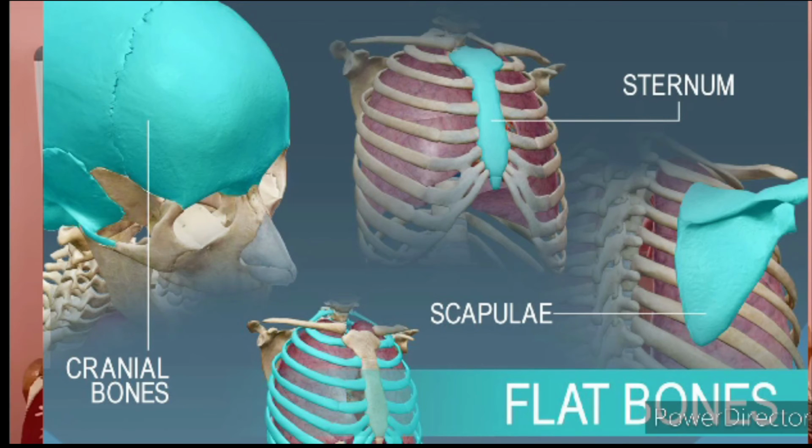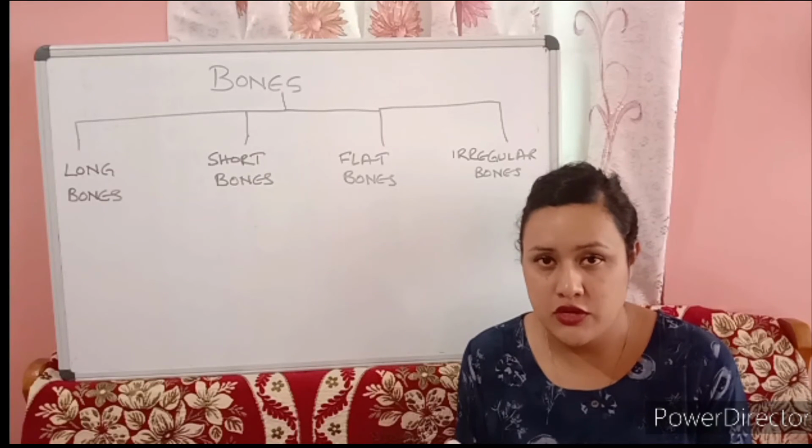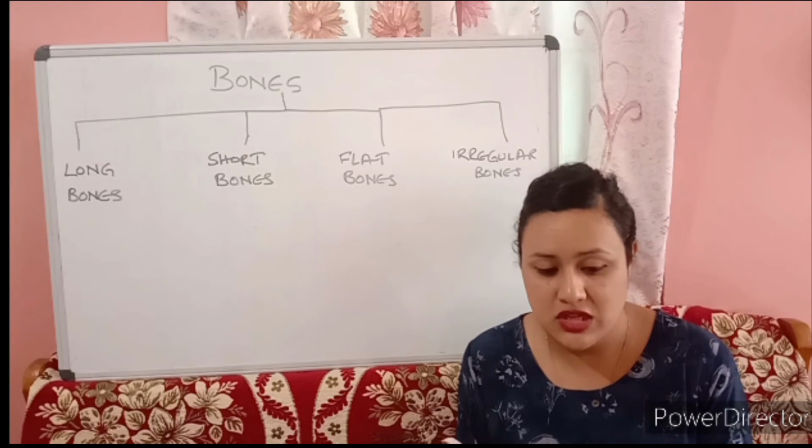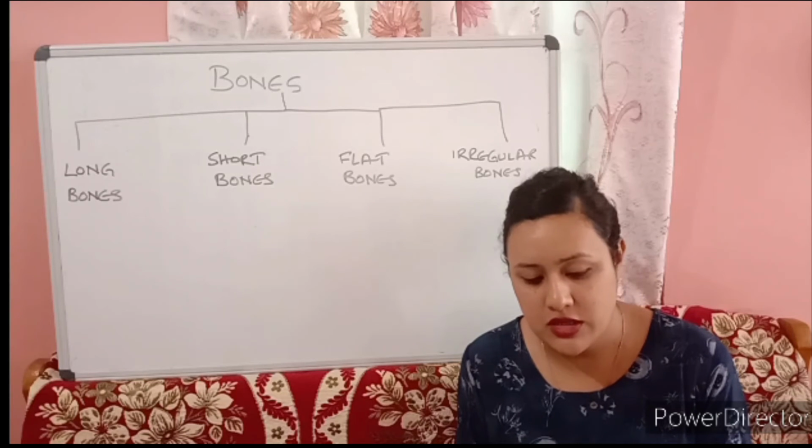Examples of flat bones are the scapula, the sternum, the cranium, the pelvis and the ribs. In adults, the highest number of red blood cells are formed in the flat bones. Remember that. The skeleton system is also a site for the production of cells, red blood cells, and these flat bones are responsible for it.